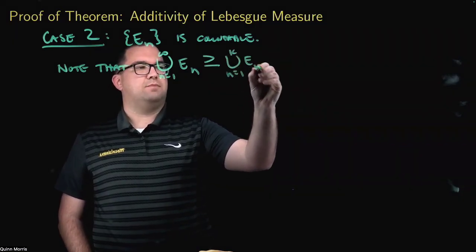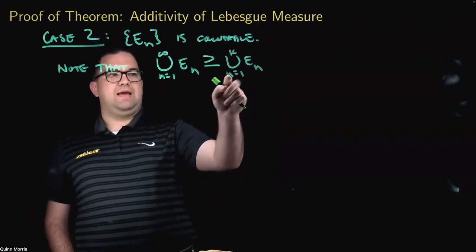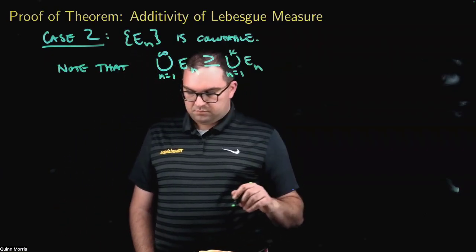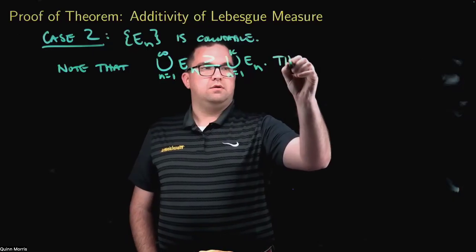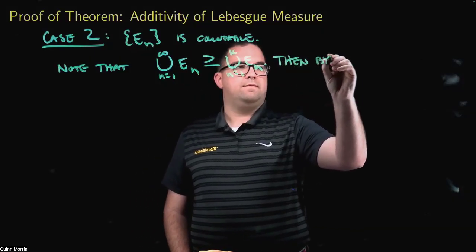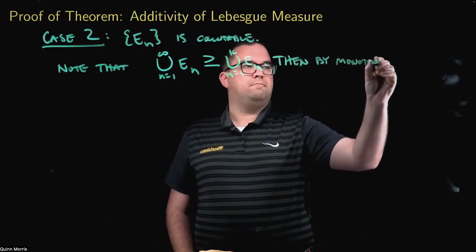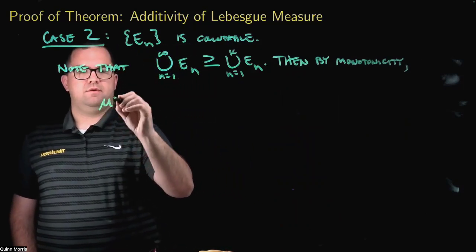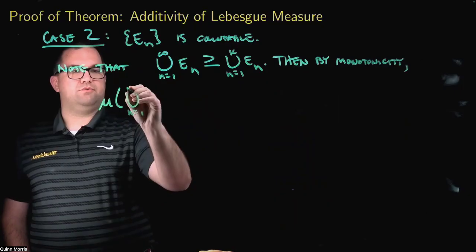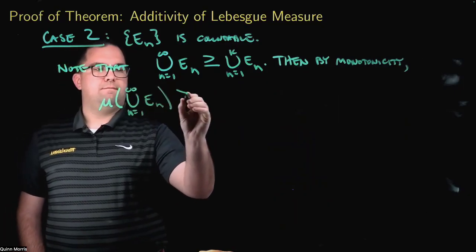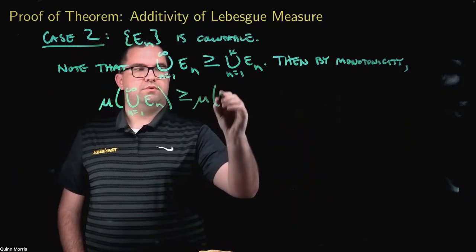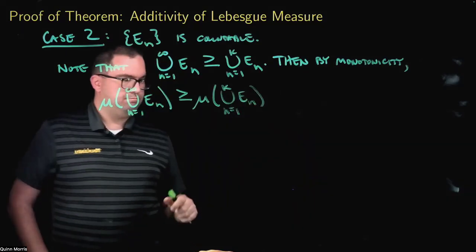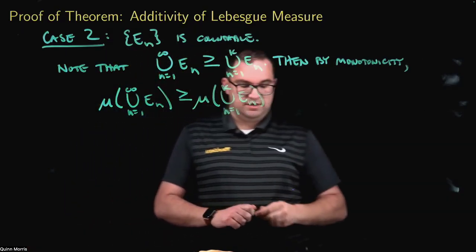So if I stop after some k in taking the union, that'll always give me a subset of the full countable union. Okay. Well, then by monotonicity, mu of the union n equals 1 up to infinity of En must be greater than or equal to mu of this finite union. Okay. And so that's just monotonicity.